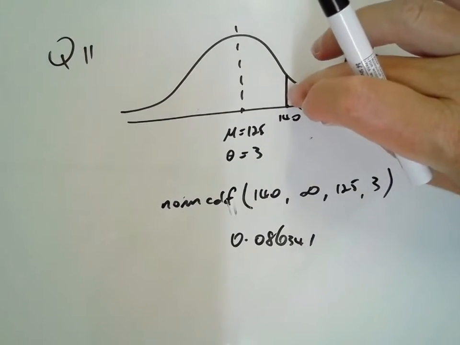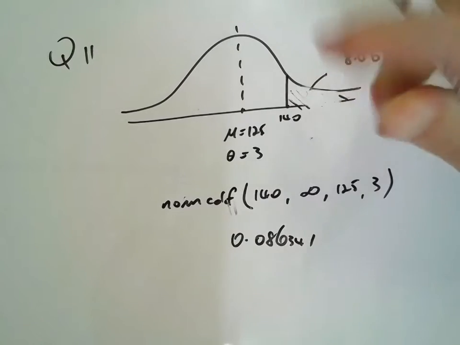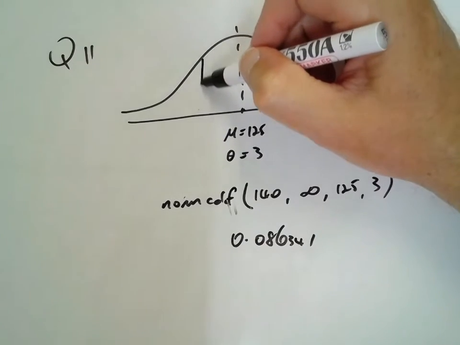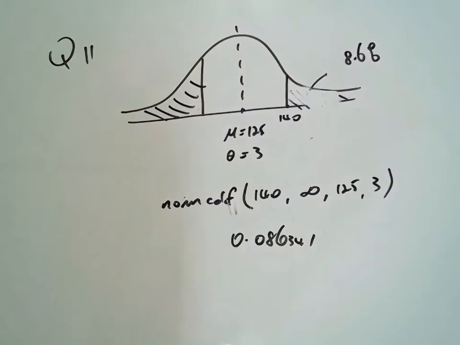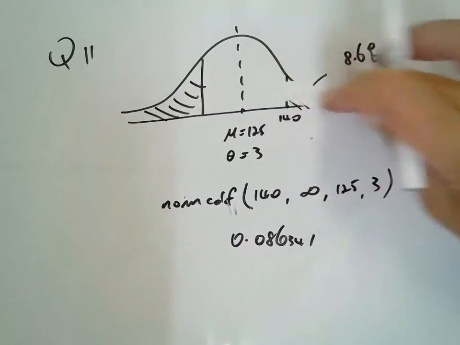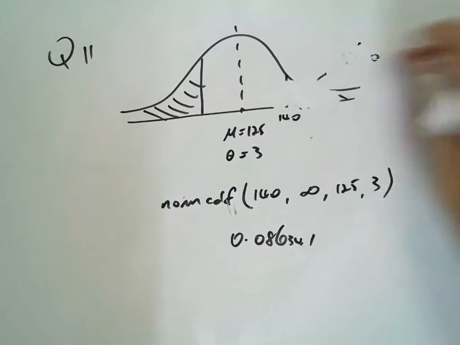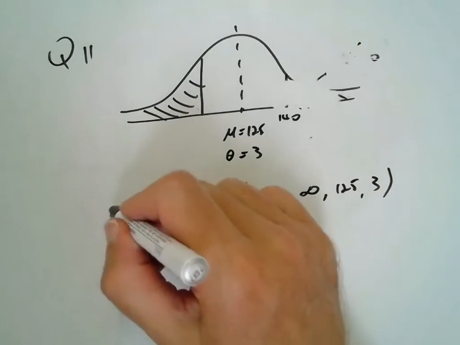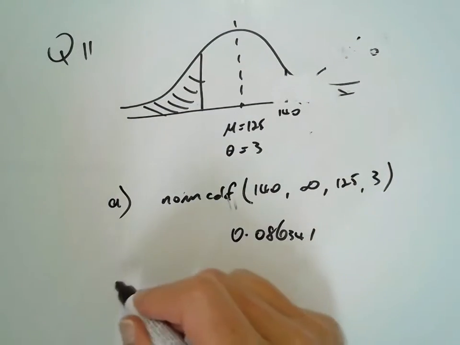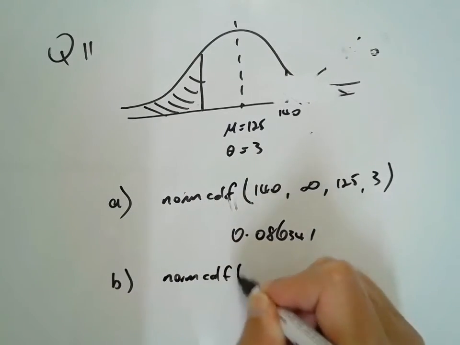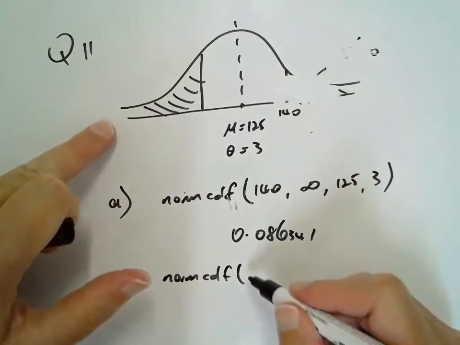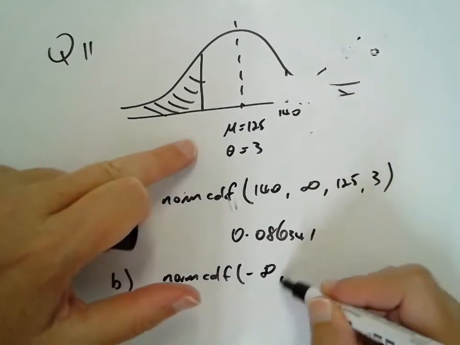So potentially, rather than looking for that area there, I'm down here and I'm wanting less than 100 hours over here. So let's get rid of that. So that's A. B would be, what's our minimum boundary? Negative infinity.